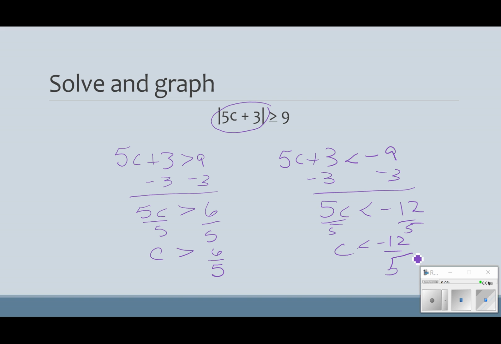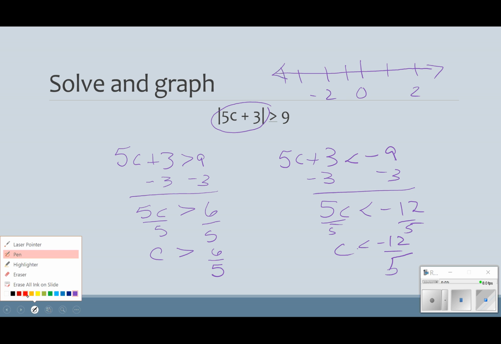Okay, so now this time it's greater than, so it means that our points are going to be going outward. When I go to graph, I've got 0, 2, negative 2. Okay, so my solution of 6/5 is a little bit more than 1. You don't have to be exact, just show me it's a little bit more than 1.